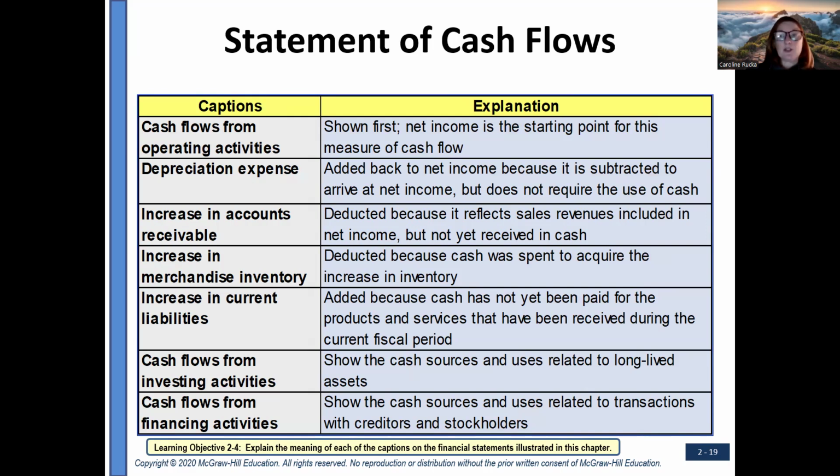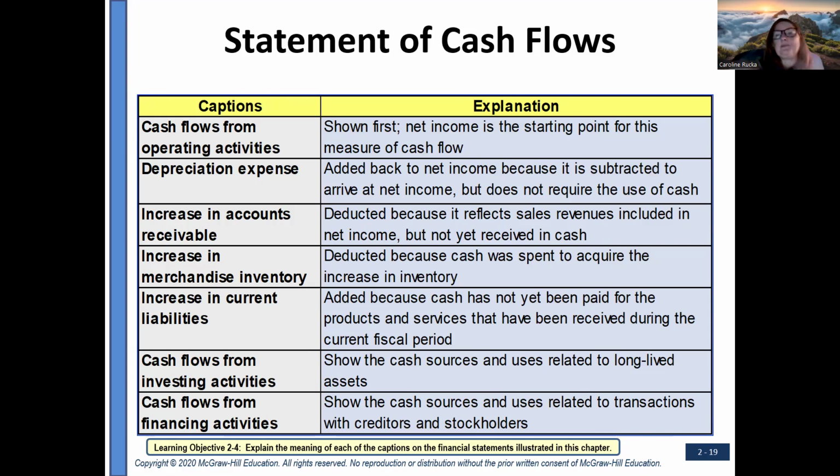We have cash flows from investing activities, those are those cash transactions that impact our long-lived assets. Then we have our cash flows from financing activities, those are our interactions with our creditors and our shareholders.